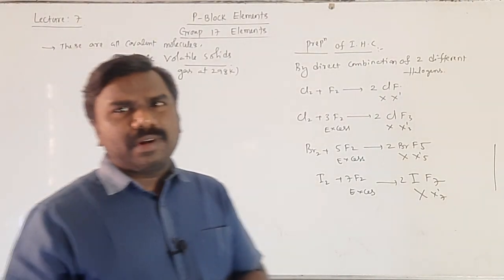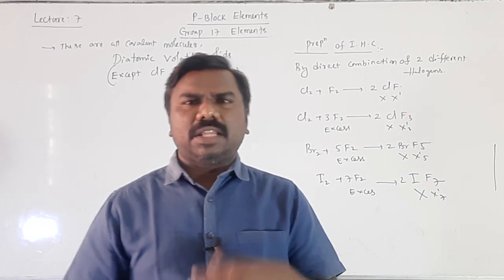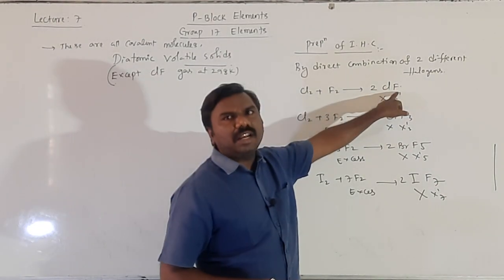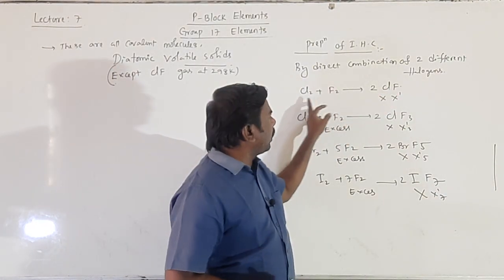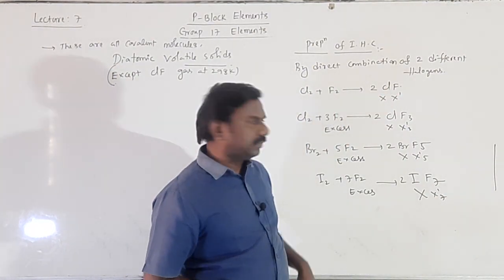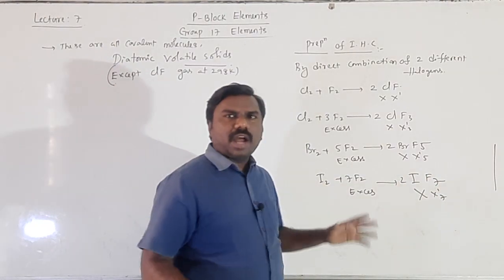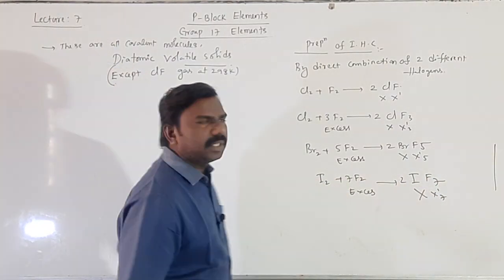Their physical properties, like melting point, boiling point and others: for example, ClF physical properties are intermediate between chlorine and fluorine. IF7 physical properties are intermediate between iodine and fluorine, right?